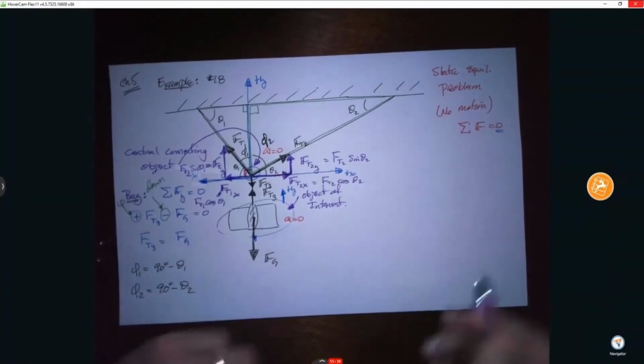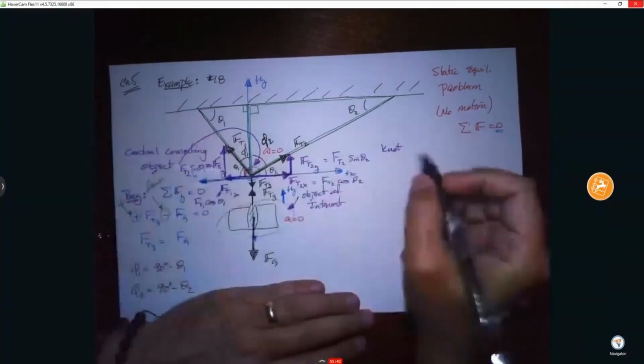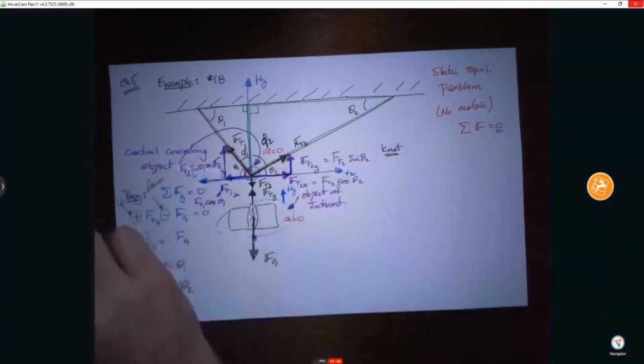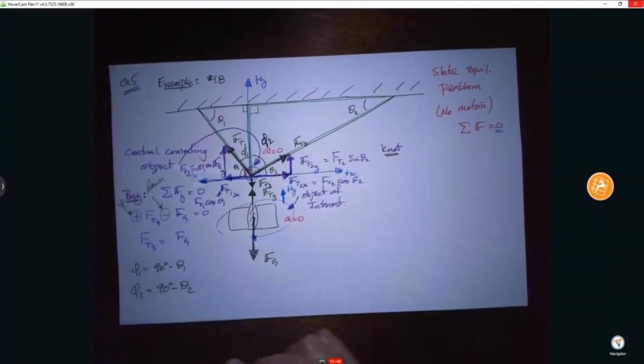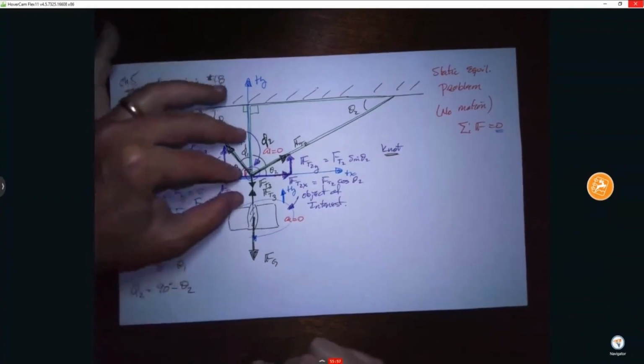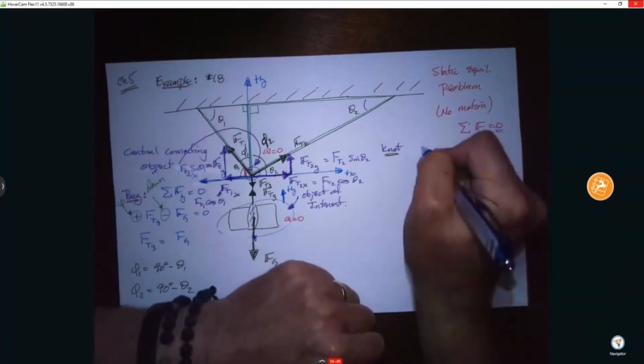And now what we're going to look at is of interest is going to be the knot. Okay. And so then what we'll want to do is we'll want to go in and do our sum of the forces in the X and then the sum of the forces in the Y. Okay, so in the Y direction, so let's take a look at that one first.